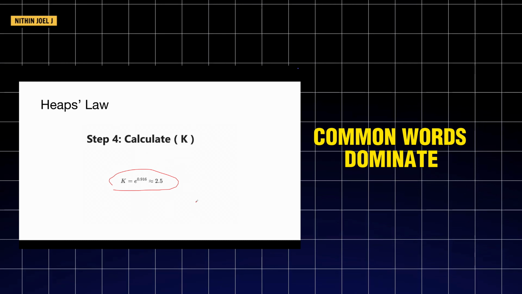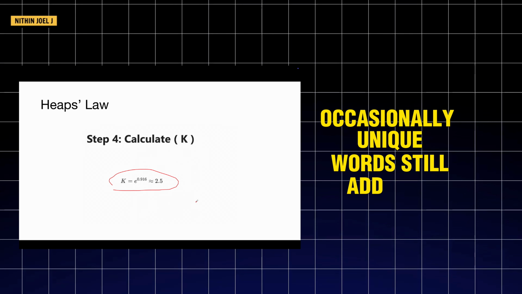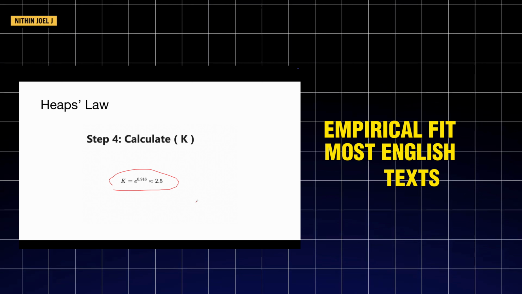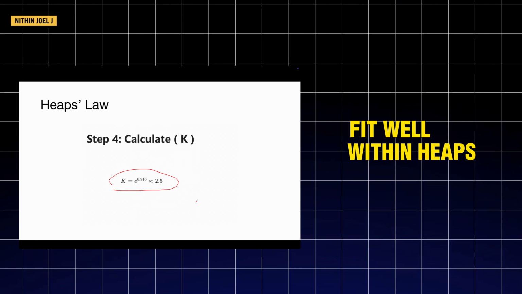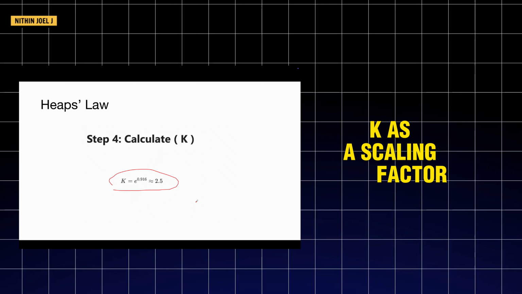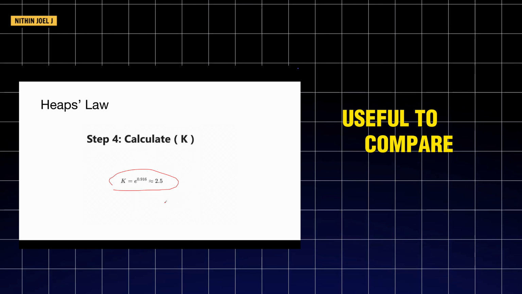Common words dominate, but occasionally unique words still add richness. Empirical fit: most English texts fit well within Heaps' expected beta range of 0.4 to 0.6. K as a scaling factor: higher k means more unique words early on in the text, useful to compare authors or genres.